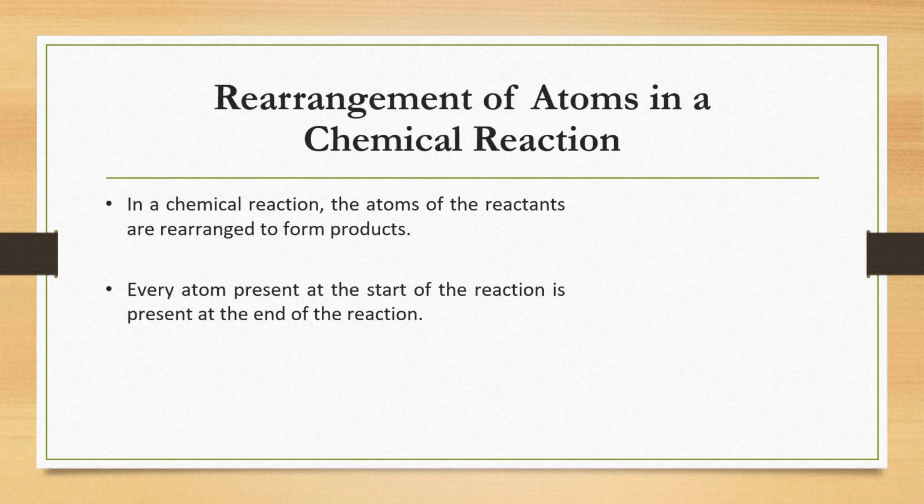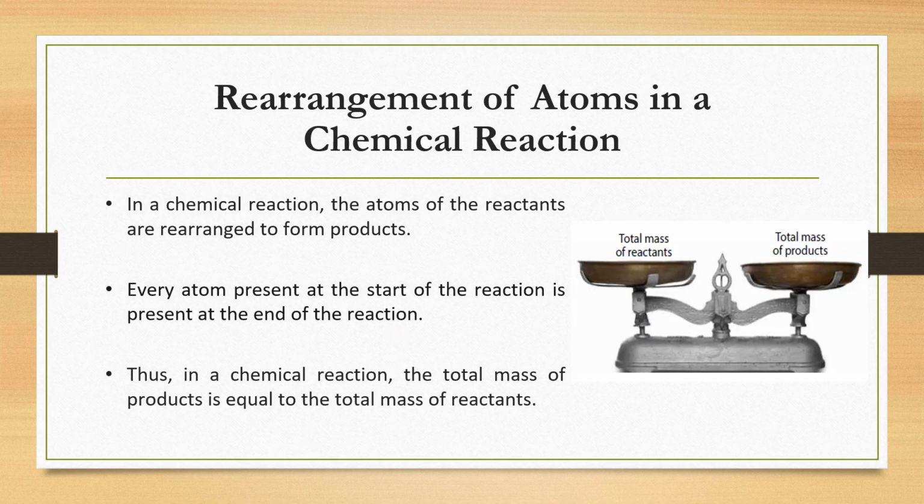Every atom present at the start of the reaction is present at the end of the reaction. Thus, in a chemical reaction, the total mass of products is equal to the total mass of reactants.